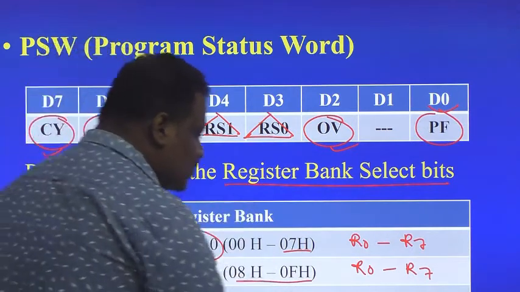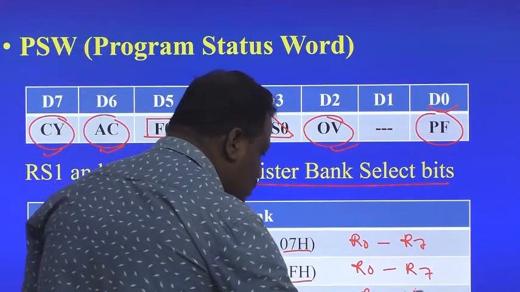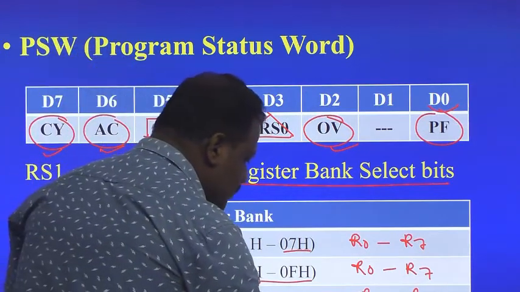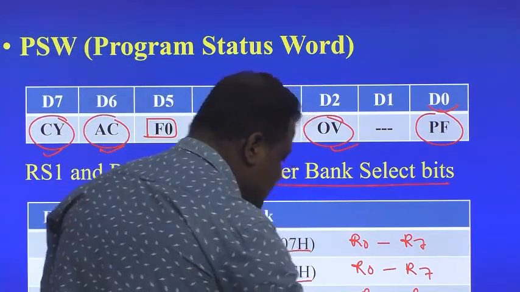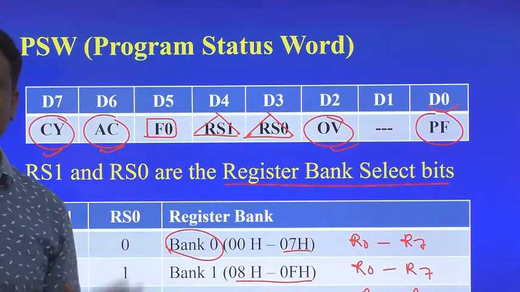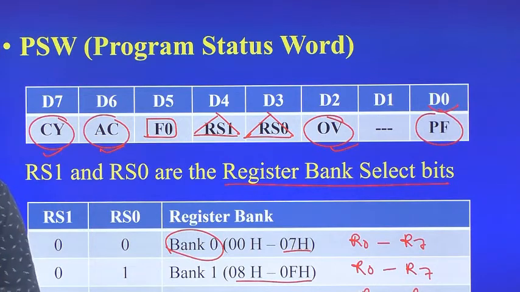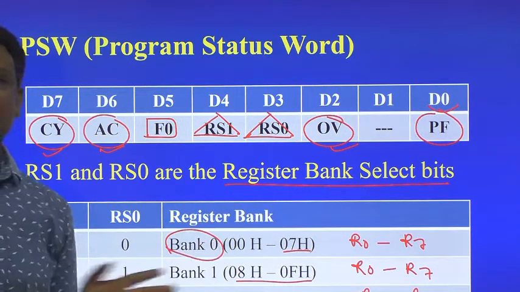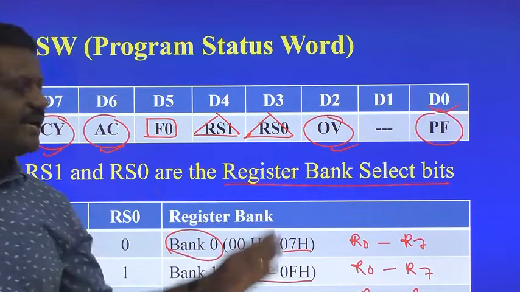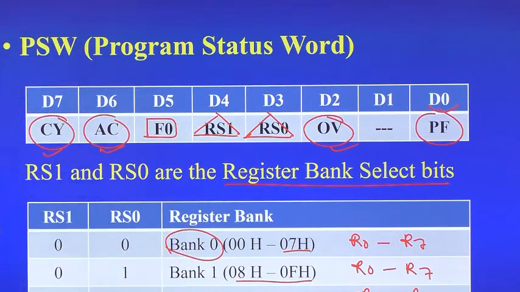In bank 2 also you may find registers R0 to R7. In bank 3 also you may find registers R0 to R7. That means in each and every bank you may find register names from R0 to R7. The register names are the same, but their addresses are different. These addresses we get based on which register bank we selected for our operation of the 8052.